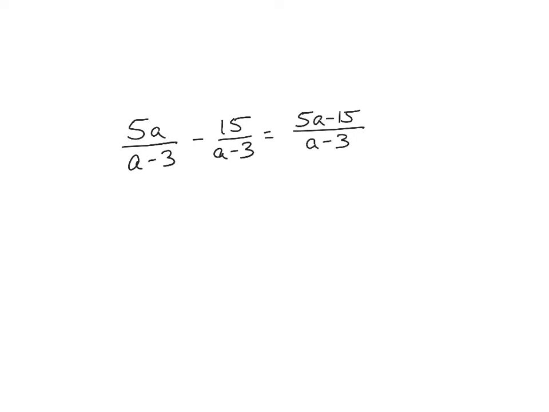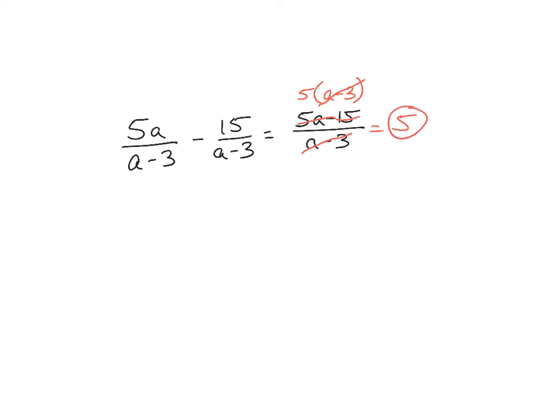But once again, remember that if you can, you need to factor things out. I see that in 5a subtract 15, I'm going to factor out a 5 out of both of those, leaving me with a subtract 3 in parentheses. And then the a minus 3 in the top and the a minus 3 in the bottom will cancel each other out. I'll just have a final answer of 5.